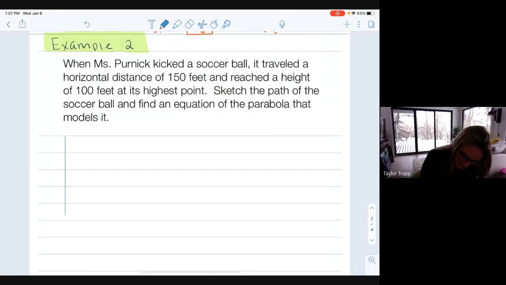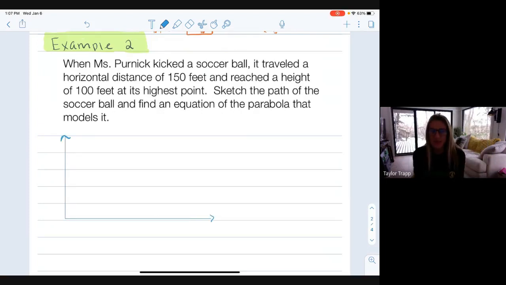So I'm going to do the same thing where I just make quadrant 1 of an x and y axis. And now let's look at the story for some clues. So I see that it traveled a horizontal distance of 100 feet. So horizontal is our x-axis. So that tells me if I'm here with that soccer ball and I kick the soccer ball, it will land there.